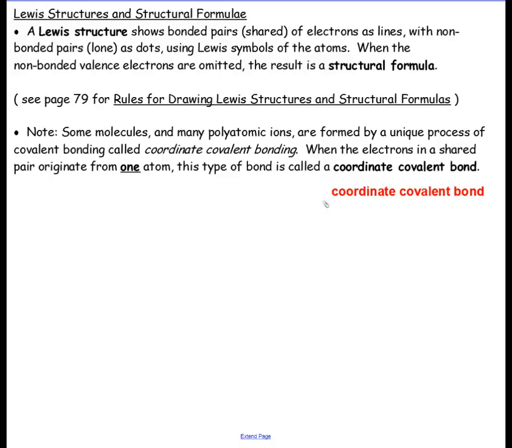One shows bonded pairs, which are the shared electron pairs, as lines, and non-bonded pairs of electrons are shown as we would in a Lewis diagram as dots, and the symbol of the element is central. With only bonded electrons shown, those would be the single bond or the double bond or the triple bond, we would call that a structural formula, which just shows the way in which they're connected by bonds.